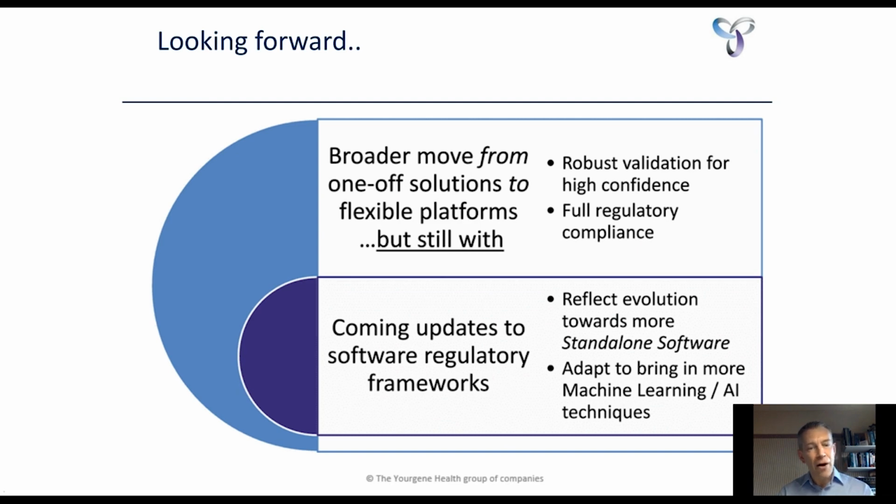There is some guidance now available from the FDA in how that can be done, and the European institutes are working in a similar kind of area. It hasn't made it into the standard just yet, but there's a lot of interesting work going on in that area. And we need it to, because we need to bring in the latest and most accurate techniques into medical grade software development. Thank you very much for listening.